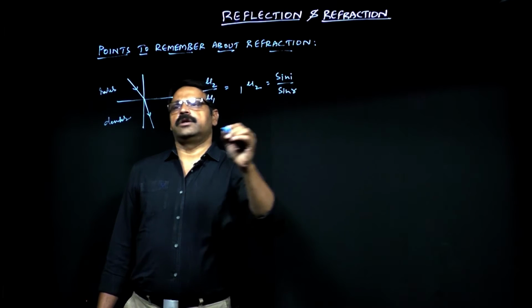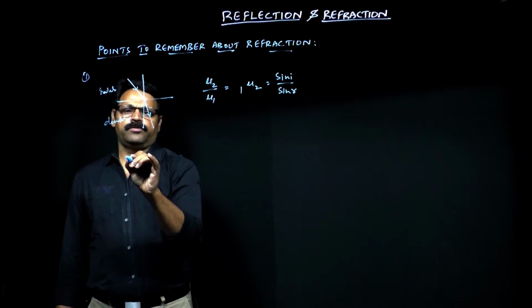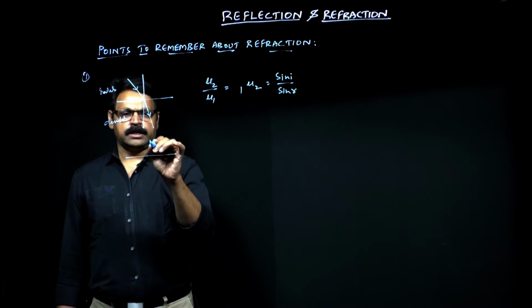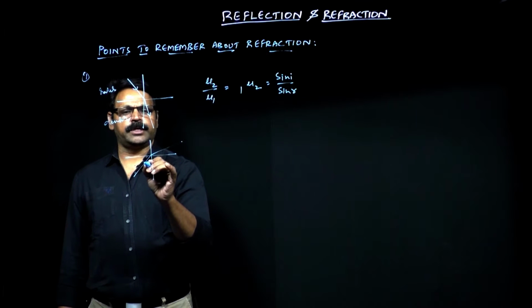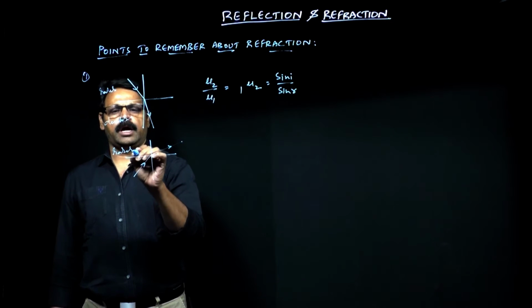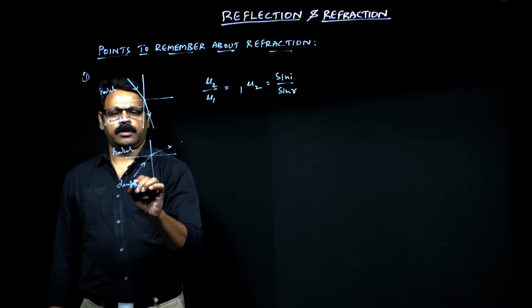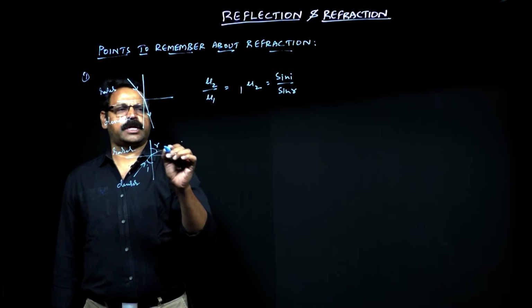This is the very first point you need to remember. If the light ray starts from the denser medium and enters into the rarer medium, so this is the case. This is rarer medium and this is denser medium. In this case, this is the incidence angle, this is the refraction angle.